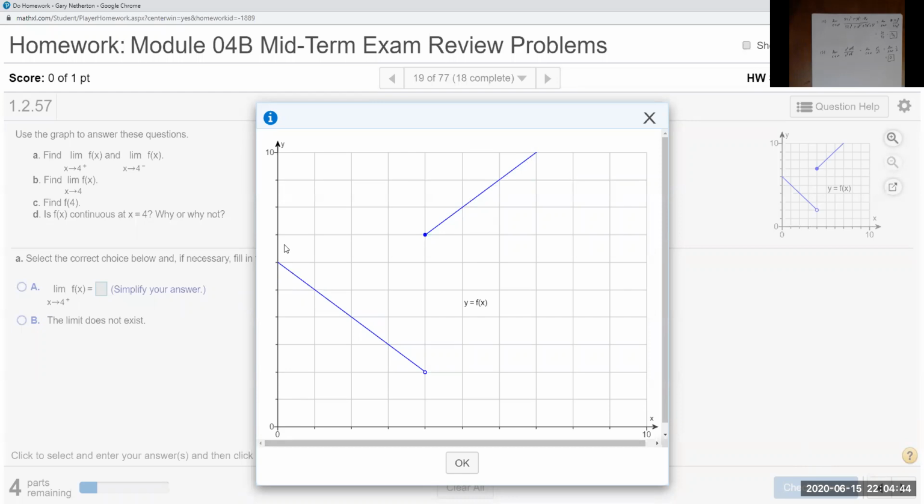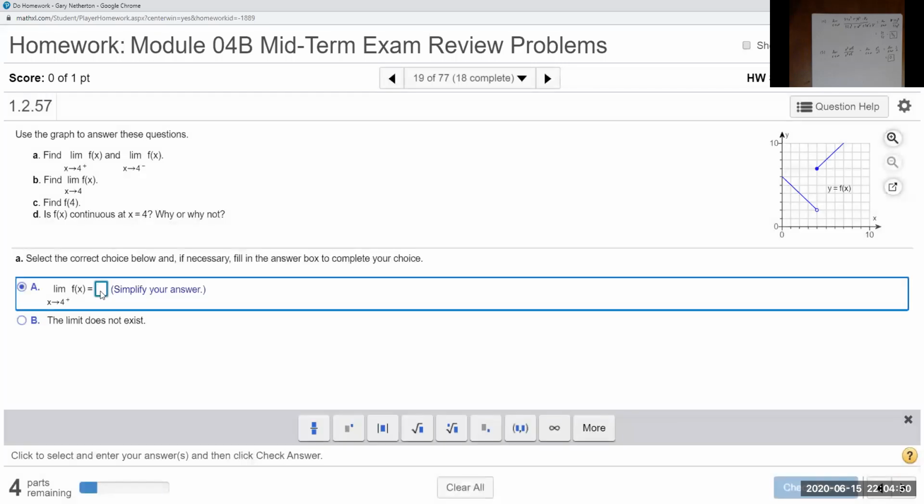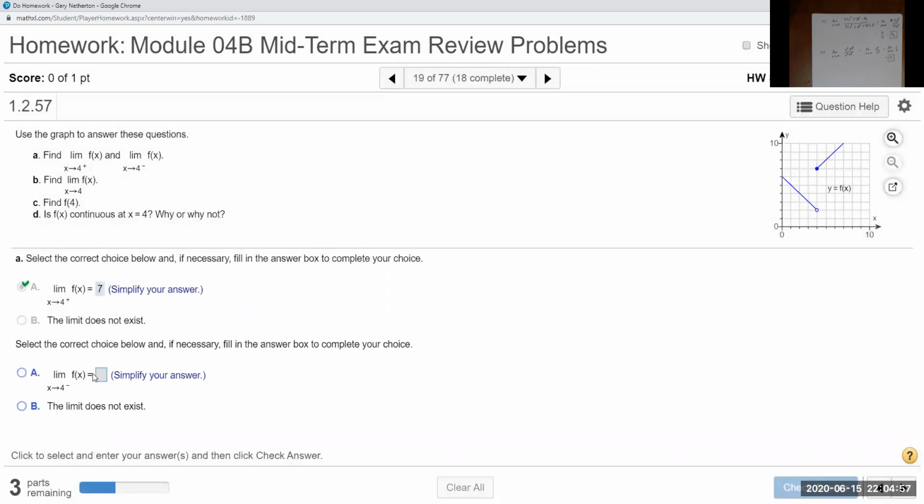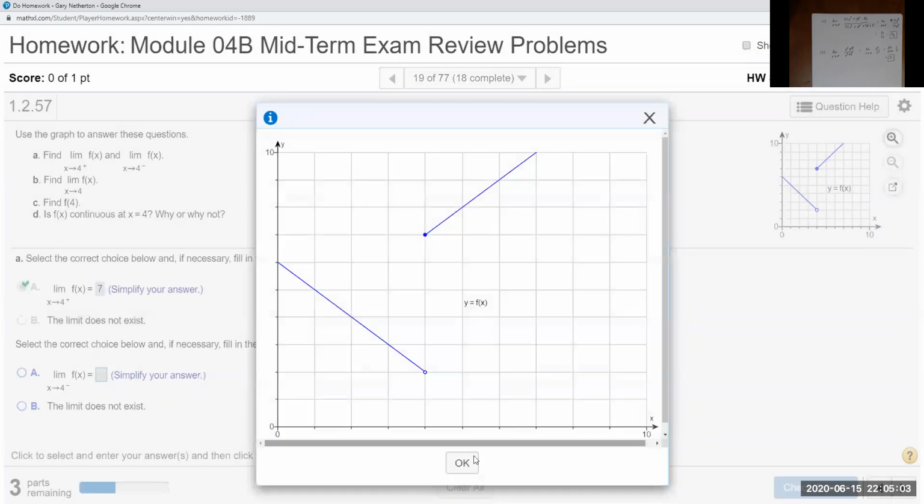So that's the answer: 7. And next, it wants to know the limit as x approaches 4 from the negative or from the left. So here we come in from the left. What's the function approaching? Looks like 2.